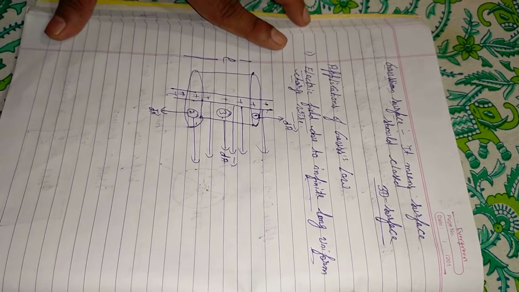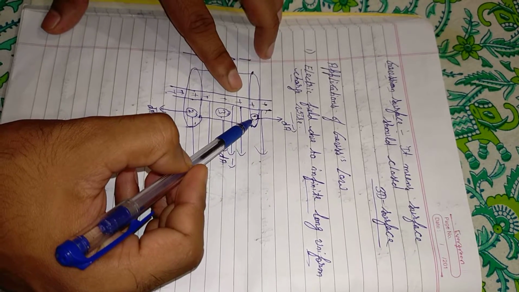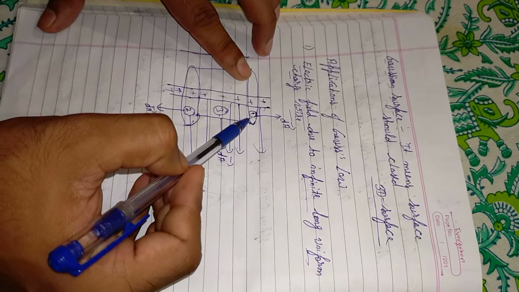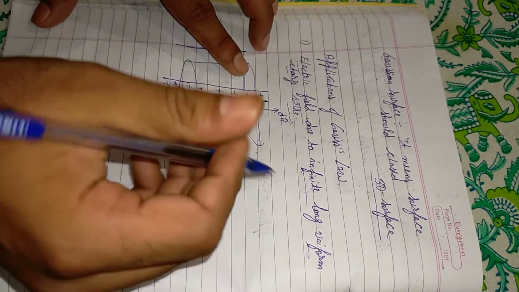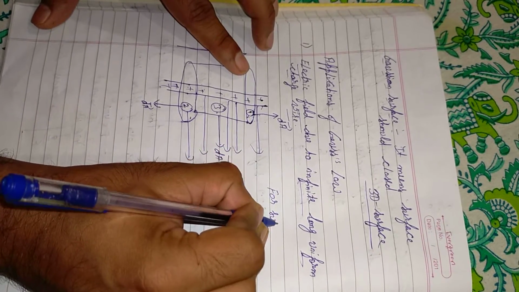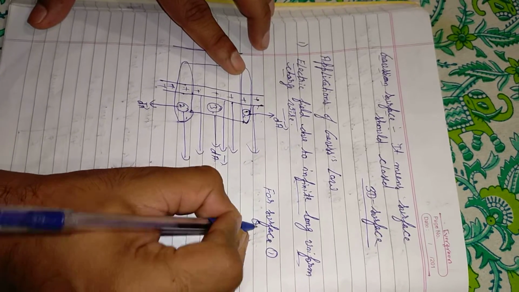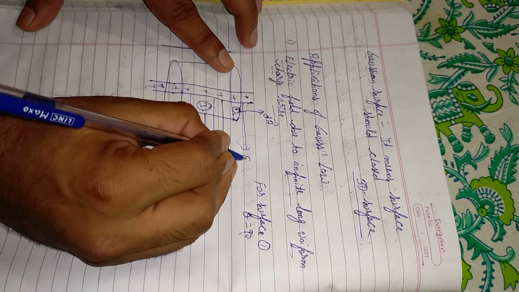The angle between the area vector and the electric field lines on the first surface is 90 degrees, perpendicular. So for surface 1, theta is 90, because the area vector and electric field lines are perpendicular.